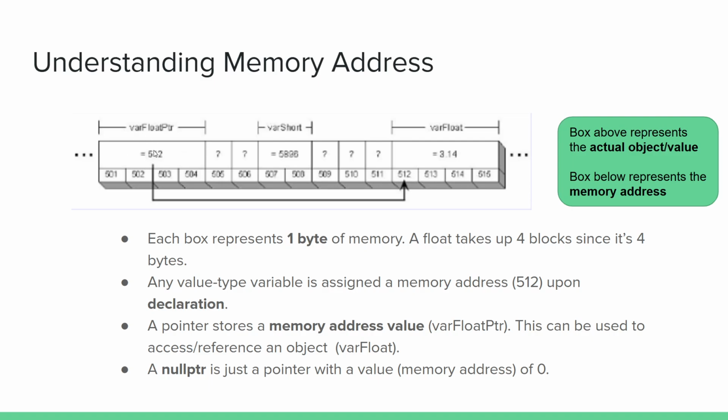A variable uses 4 bytes, but it only stores the very first address of the byte. A pointer stores a memory address value, the var float pointer, and it stores that address, the 512. This can be used to access or reference an object, which is var float. A null pointer is just a pointer with a value of 0.